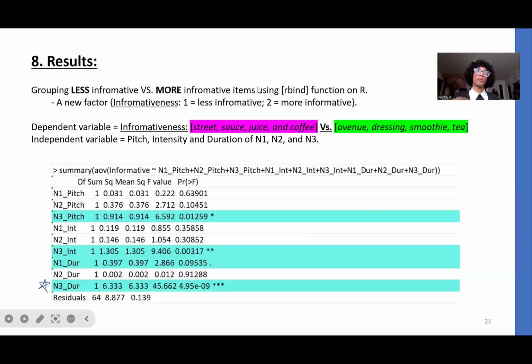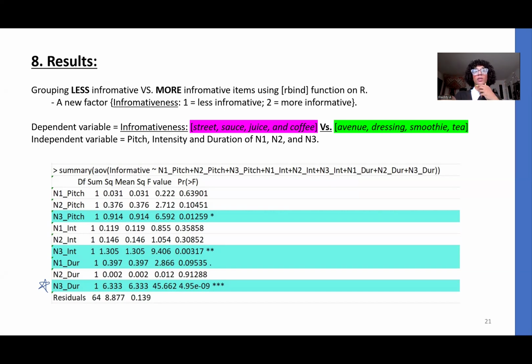Now, the most important part is I compared the less informative words with the more informative words. And then I found a difference in pitch of N3, the words that I'm actually investigating, and with intensity of N3 and with duration of N3. I also have duration of N1 that is significant, but we'll get to that later.